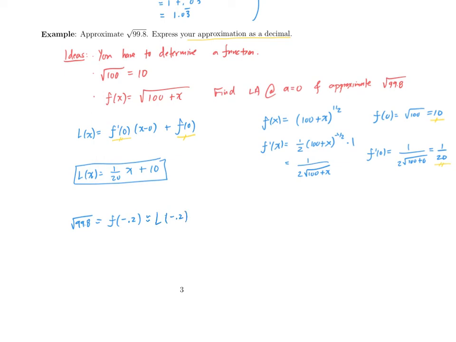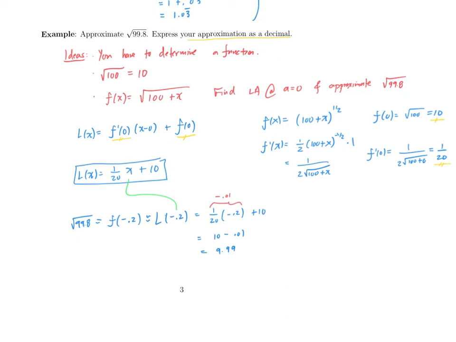That is, substituting minus 0.2 into our above equation for the linear approximation. And if we do that, we would have 1 over 20 times minus 0.2 plus 10. And note, minus 0.2 divided by 20, this is going to be minus 0.01 plus 10. And our approximation is 10 minus 0.01, which is 9.99 as a single decimal.